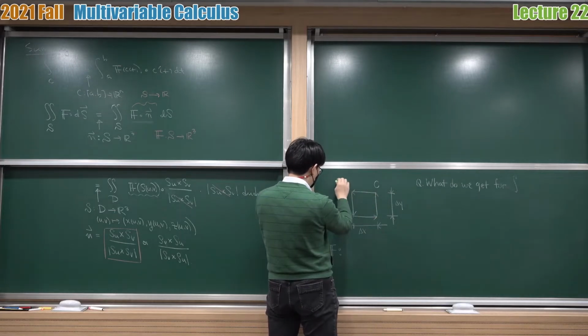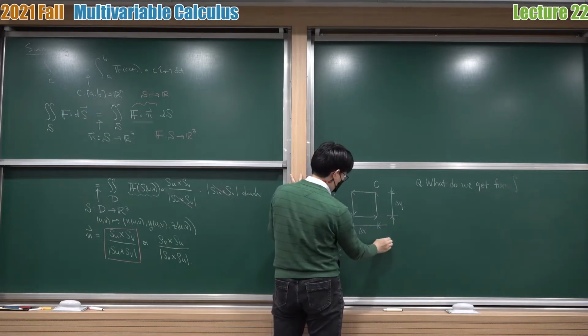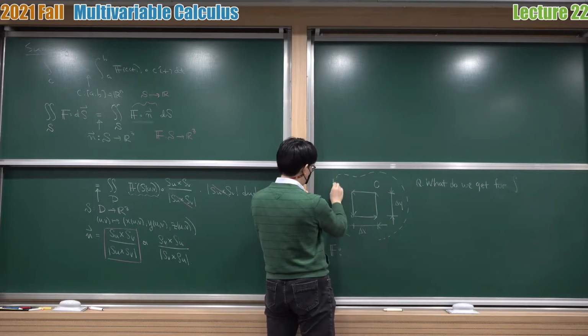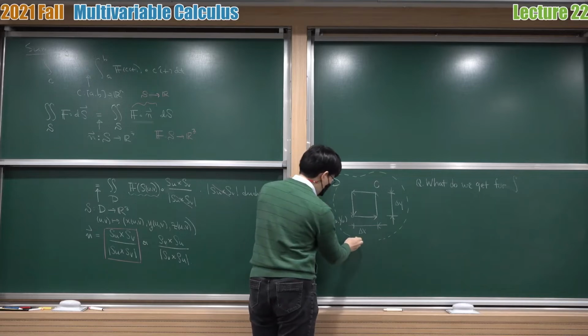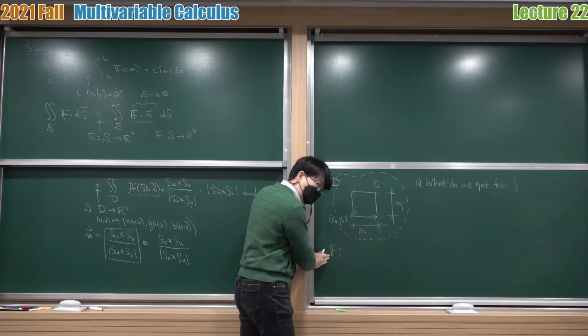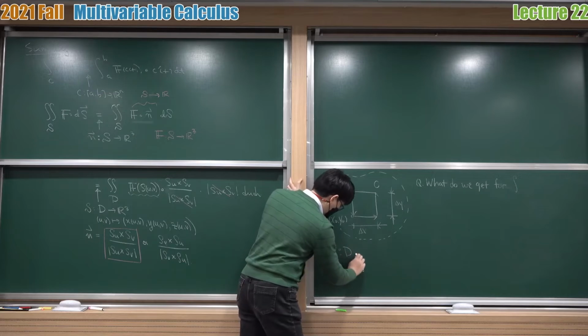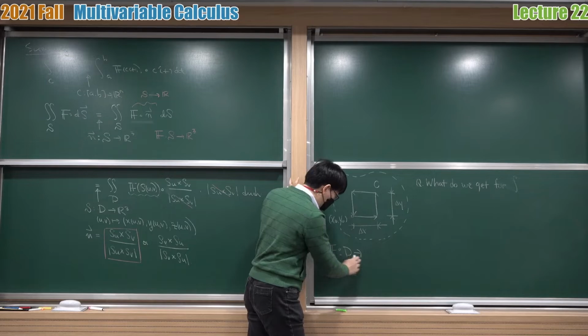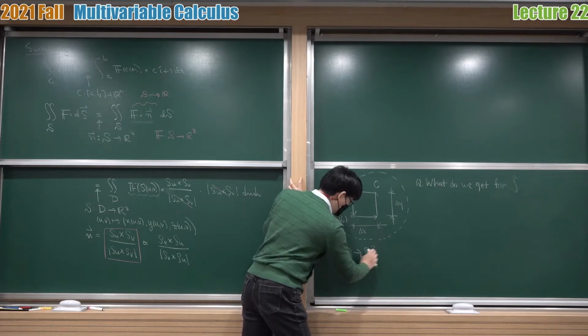So let's say I'm going to give an arbitrarily large domain D in two-dimensional space. So this will be my domain for the vector field F. So F is a map from the set of two-dimensional points to the two-dimensional vector field.